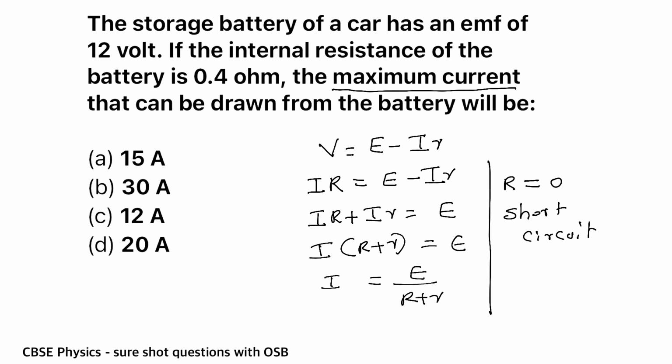So now R becomes 0, and I becomes I max. I max is equal to E by internal resistance. The EMF is given in the question as 12, the internal resistance is 0.4. You divide it, you will get 30 ampere. Hope all of you understand. It's a nice question. Check it.